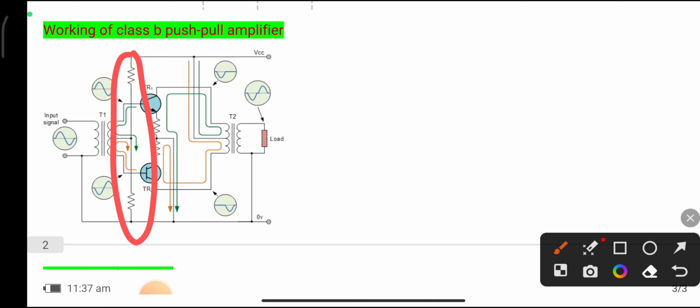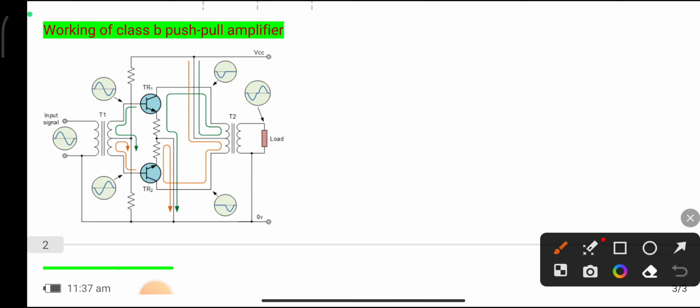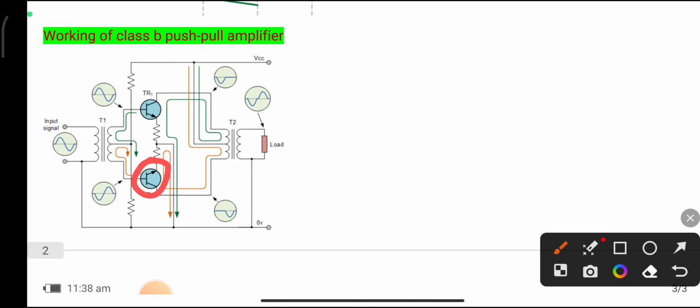Because of the cutoff region, one half cycle is amplified by each transistor. In this diagram, in the positive half cycle, transistor TR1 is on and TR2 is off. In this condition the current flows like this. In the negative half cycle, TR2 is on and TR1 is off. In this condition the current flows like this.